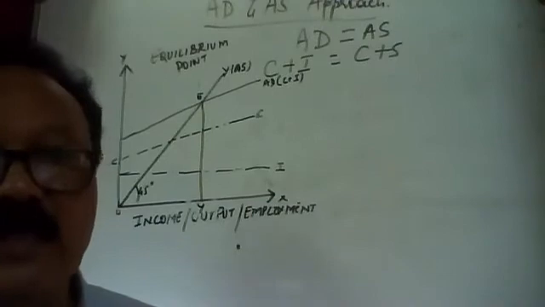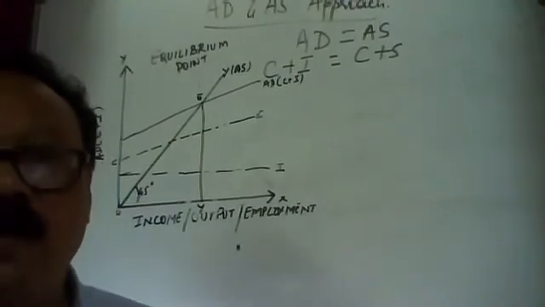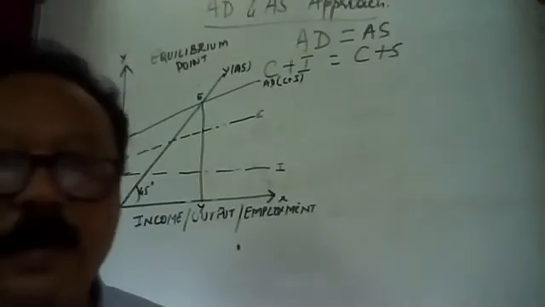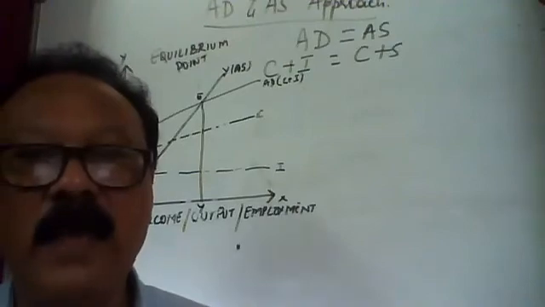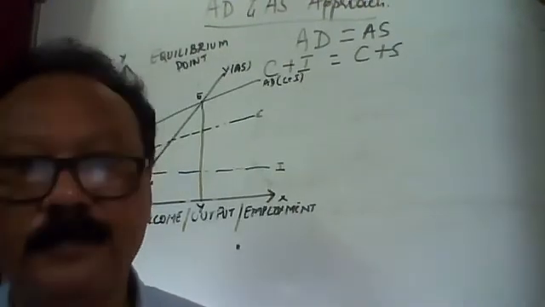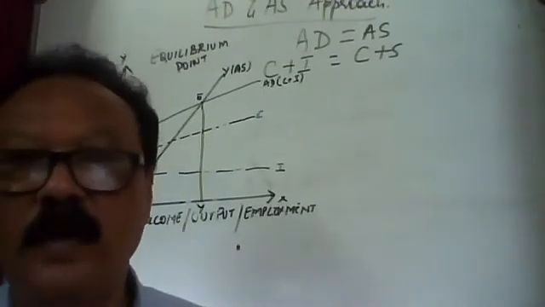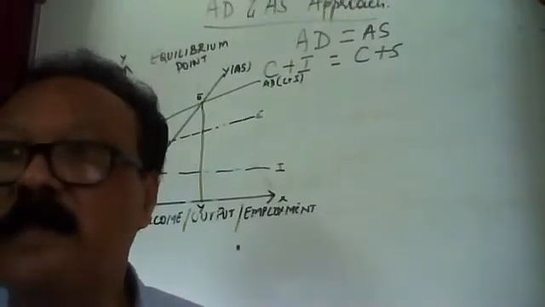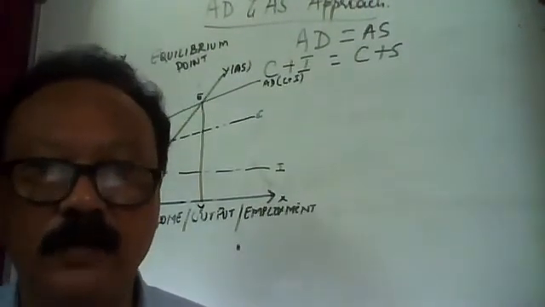AS is the sum total of consumption and savings, C plus S. So AS is the sum total of consumption and savings. So it is represented by C plus S also.